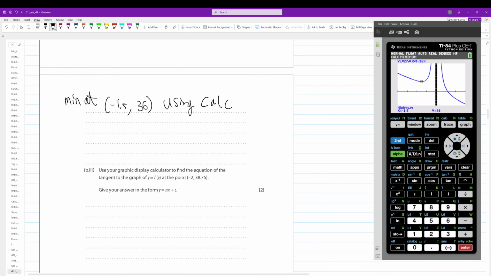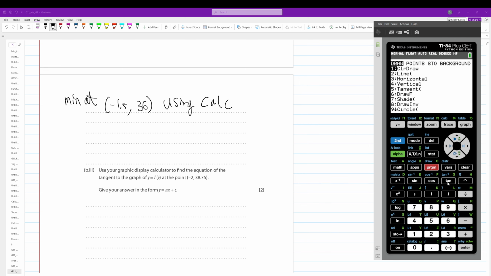Use the graphic display calculator to find the tangent line. Super. This is a little bit different. Because I'm adding a tangent line instead of finding out some property of my line, I'm going to use second and draw to draw the tangent. I would like to give it the value x is negative 2. To do that, you just press the buttons and it will appear. Trust it.